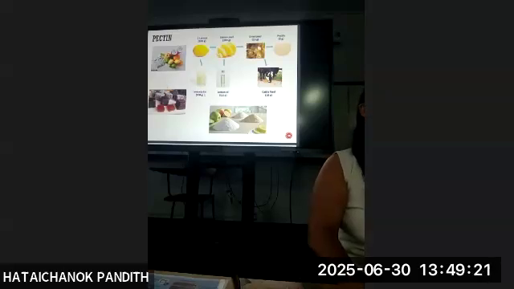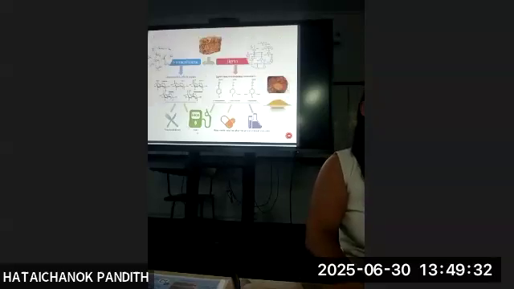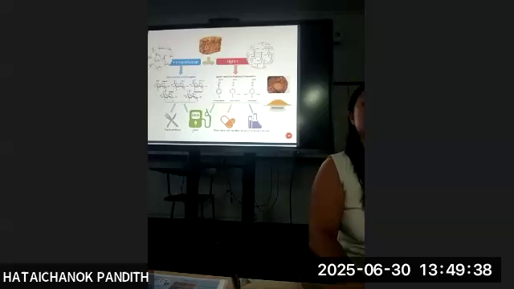This one can be mixed with jelly. So all kinds of jelly are mixed with pectin. And the hemicellulose, you can extract it too, to use as a fuel. Right? You can use it for gas.